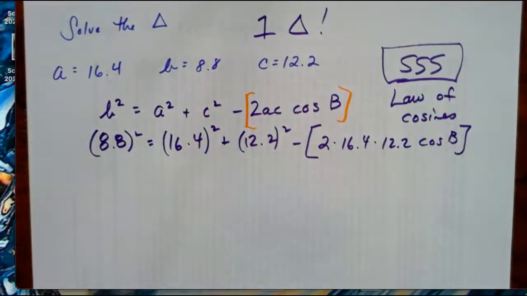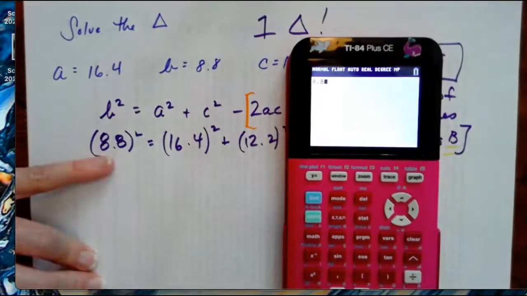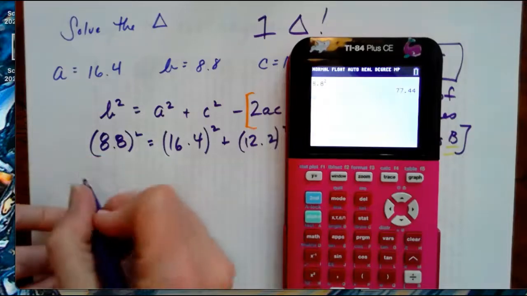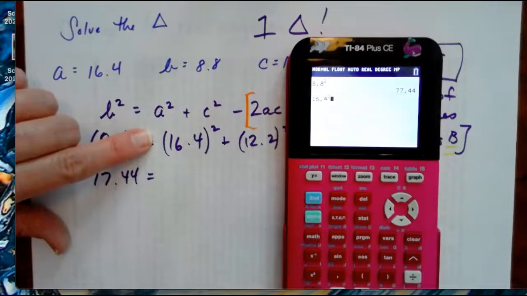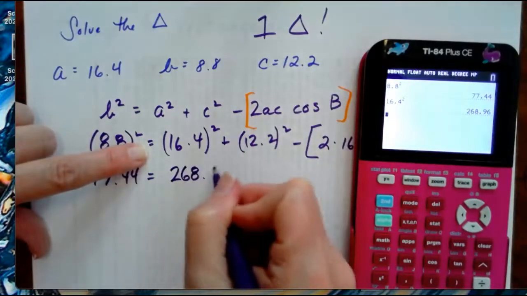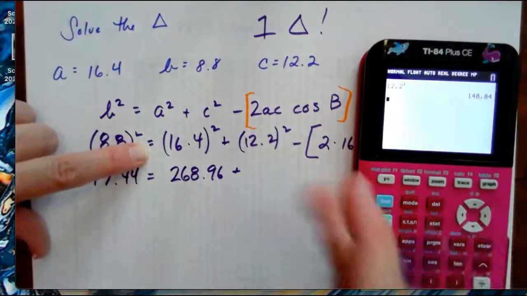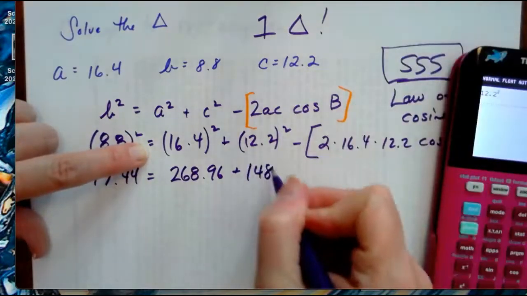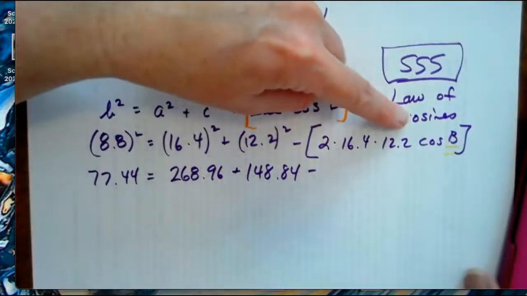Now, in order for us to solve for angle b, we are going to need to utilize an inverse function. But let's simplify first. So 8.8 squared is 77.44. 16.4 squared is 268.96. 12.2 squared is 148.84, minus 2 times 16.4 times 12.2.